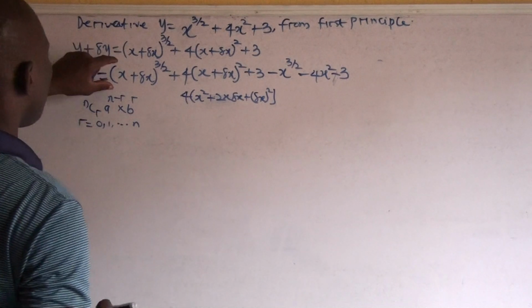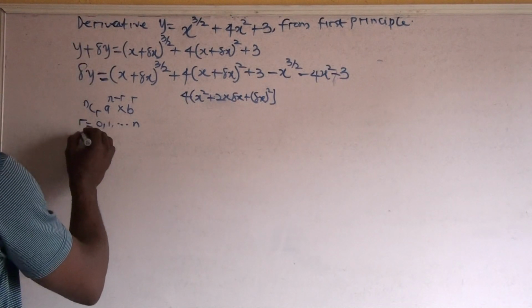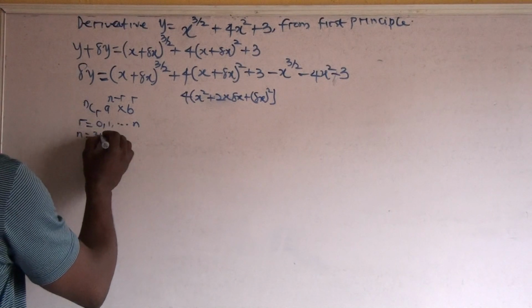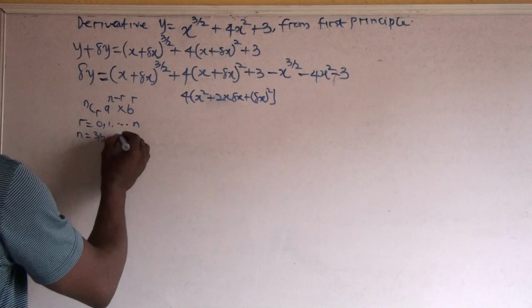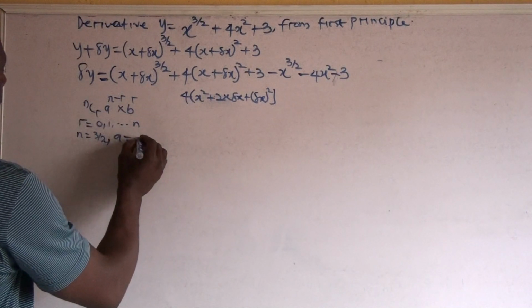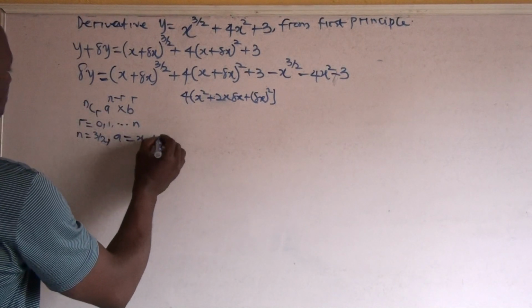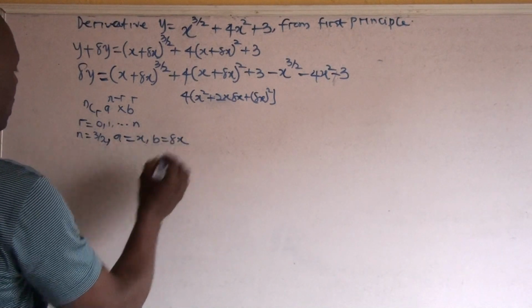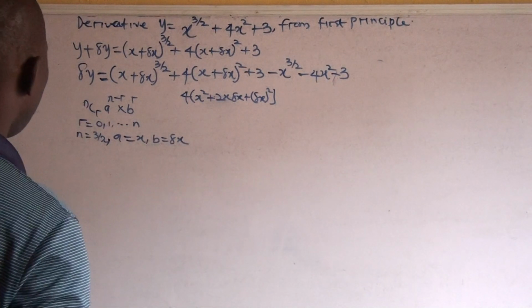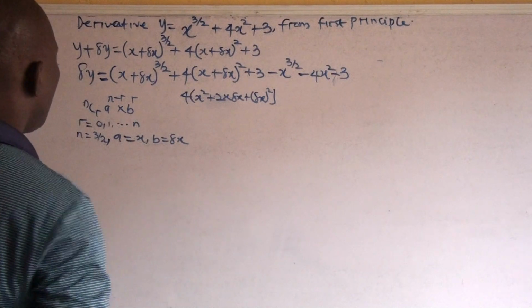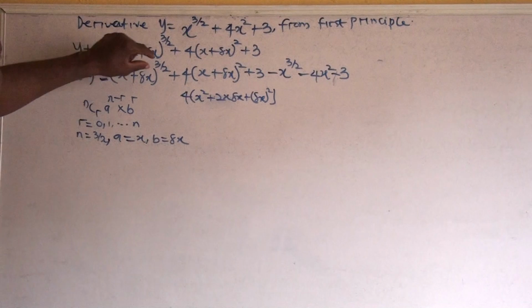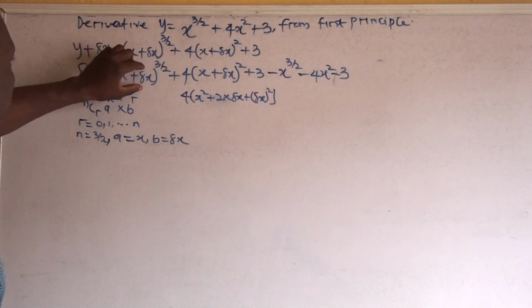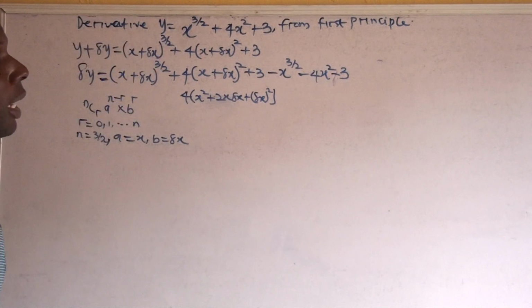So for the expansion of this, our n is 3 over 2. Okay, our a here is x, and our b here is delta x. So we will apply this to expand this, and we also know that the highest power of x is n, and the highest power of delta x is also n, which is 3 over 2 in this case.